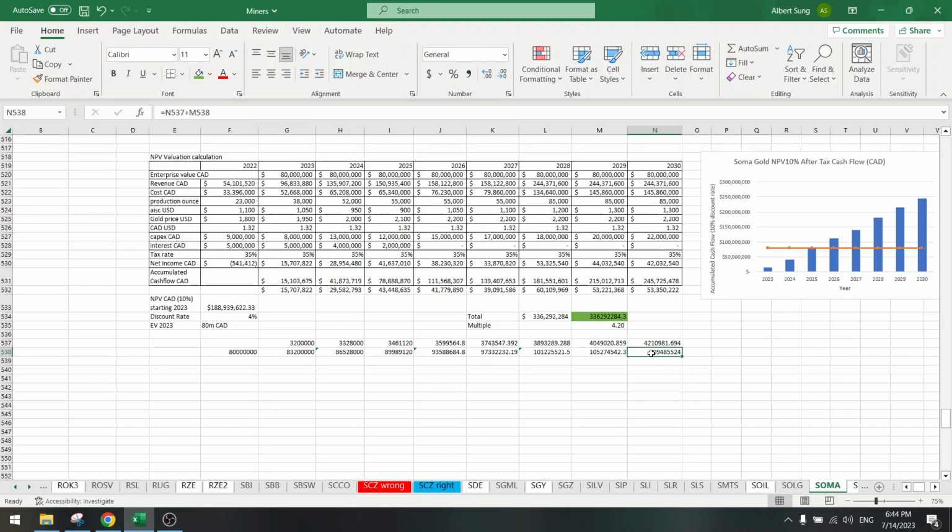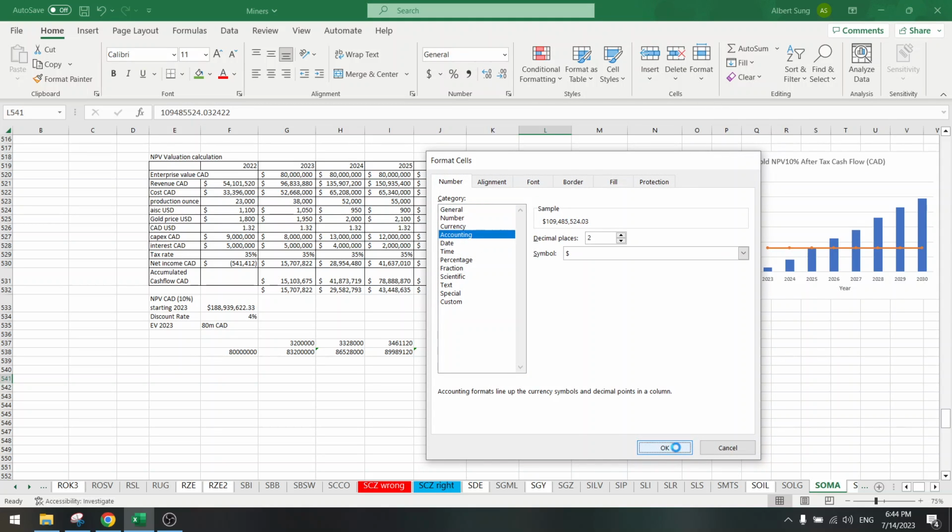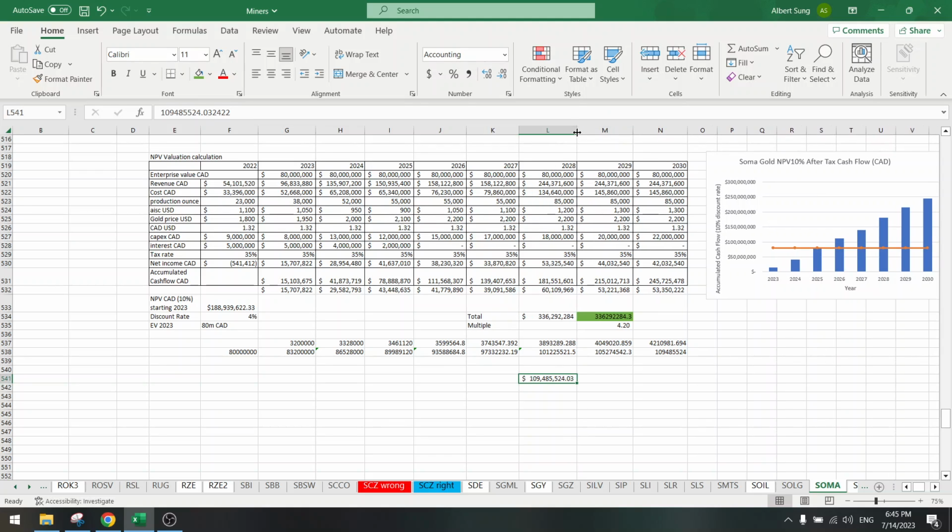So at the end of the day, at the end of the 8 years, I will get this number, 109 million dollars, right? Let's make that green.